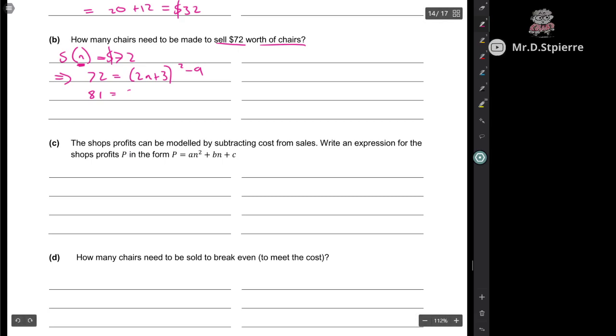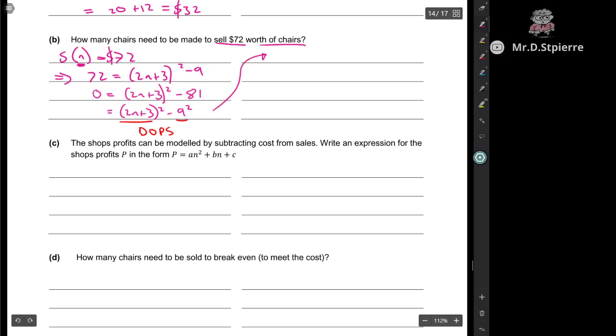Now let's go the other way. We want to make our quadratic equal to 0, and then we can solve it, because it happens to be, check this out, 0 is equal to (2n plus 3) all squared, take away 81, which happens to be (2n plus 3) all squared, take away 9 squared. What have we just gotten? We have something squared, take away something squared. We've just got a difference of perfect squares.